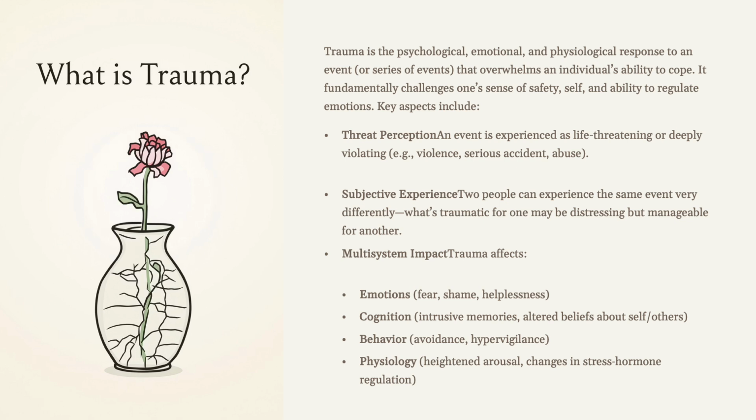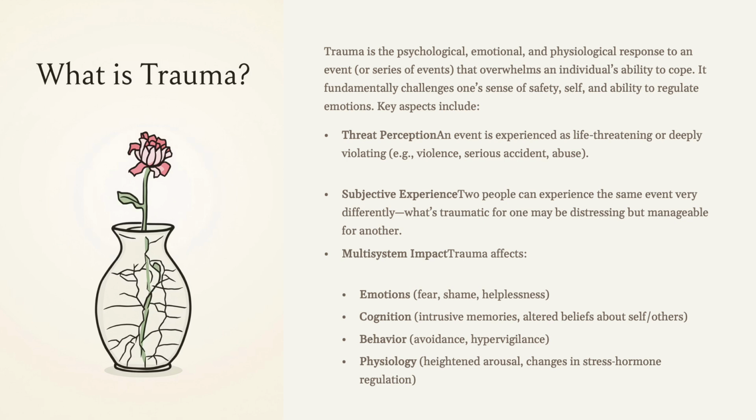Trauma is also systemic. It's multi-systemic, meaning it doesn't impact just one area of a person. As we've already read, it impacts emotions, like fear, shame, helplessness, hopelessness, despair. Cognition: the intrusive thoughts, the flooding. It alters the memories and the beliefs about self-concept and self-efficacy.